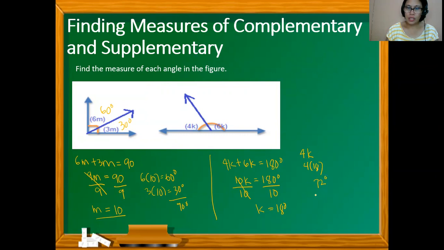While the other one is 6 times 18. 6 times 8 is 48, so this is 108. And the sum of 108 and 72 is 180. So this one is 72 degrees, while this one is 108 degrees.